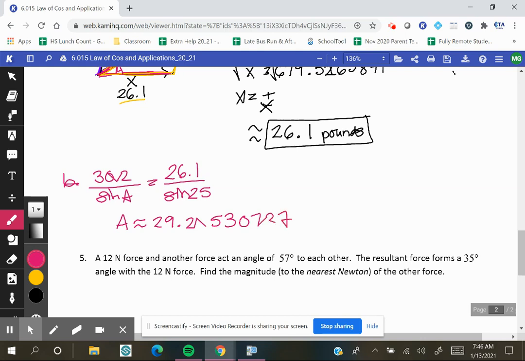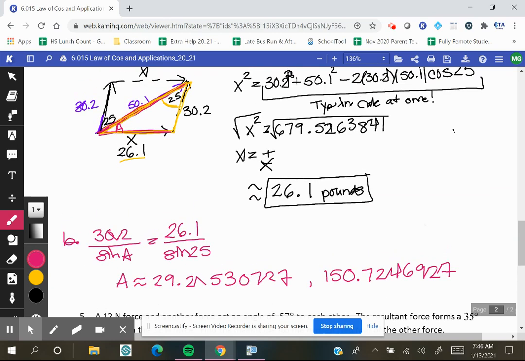And here, sine was equal to a positive value, so you would have found two different angles for A. So since it was positive, it could be in quadrant 2, so 180 minus that entire decimal would have given you 150.7246927. And there we'd say, okay, well, is that possible?